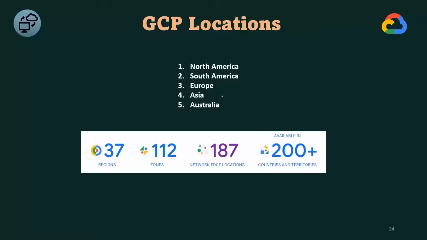If you think that this is GCP's infrastructure, this infrastructure is divided into 5 locations. Okay, you have the GCP infrastructure available in North America, South America, Europe, Asia, and Australia. So Google's infrastructure is available in these 5 locations.